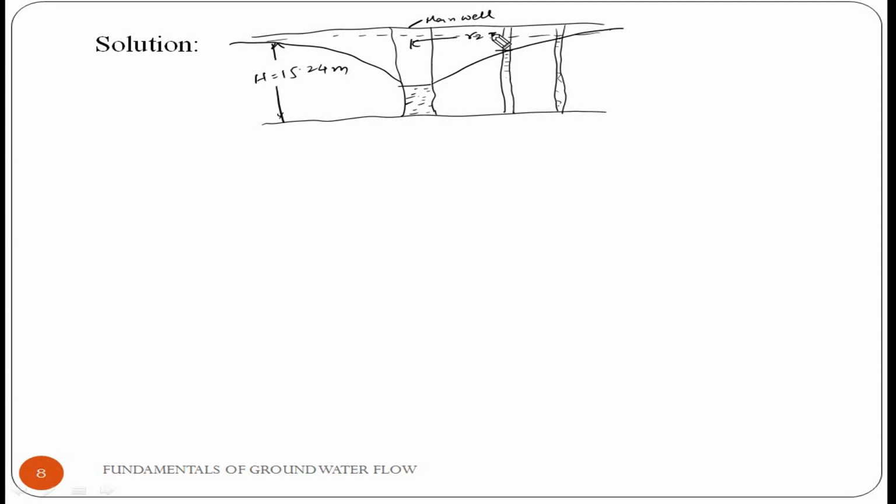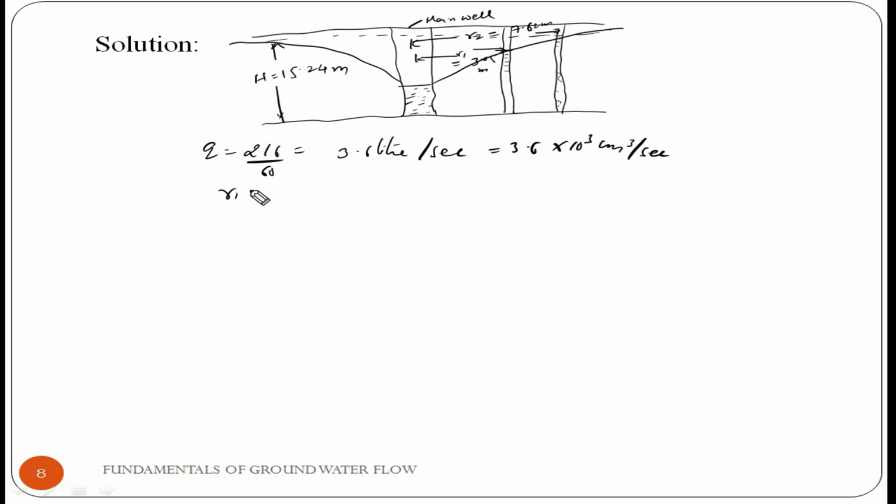So here R2 is given as 7.62 meter and R1 is 3.05 meter for the observation well 1. So here Q is equal to, as per the data, 216 divided by 60 is equal to 3.6 liters per second, which is equal to 3.6 into 10 to the power of 3 centimeter cube per second. R1 it is given 3.05 meter, R2 is 7.62 meter. It is for the observation wells.